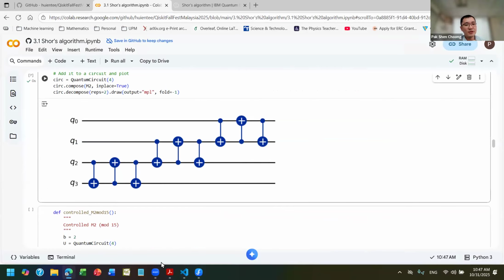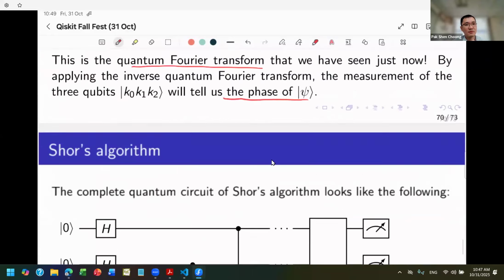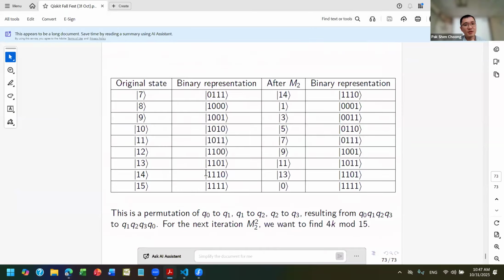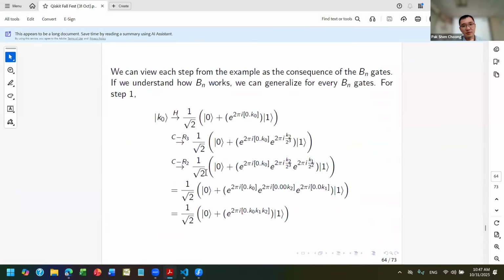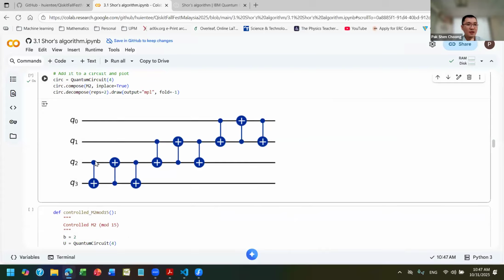Remember just now I mentioned that the permutation circuit is just breaking down into 3 CNOTs. So this is what Qiskit does. You exchange Q3 with Q2, Q1 with Q2, Q0 with Q1. They just break it down into the CNOT gates.